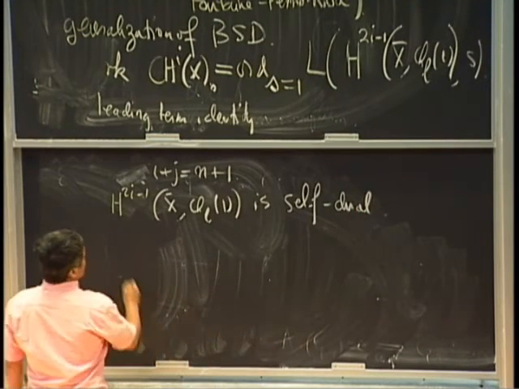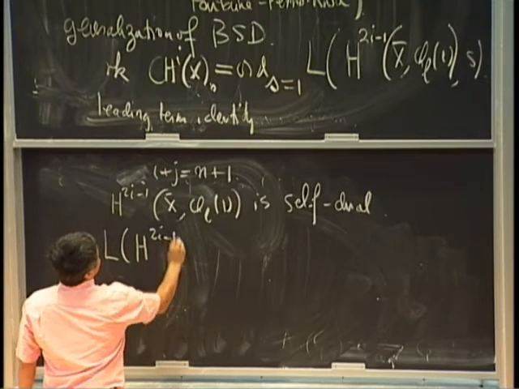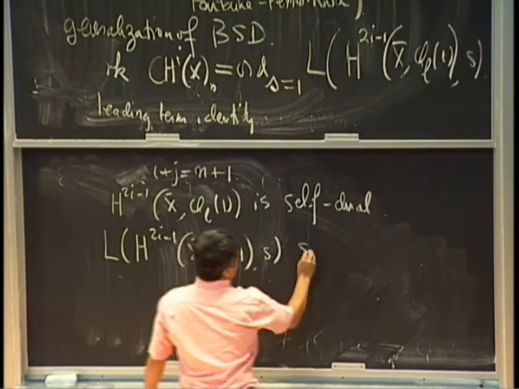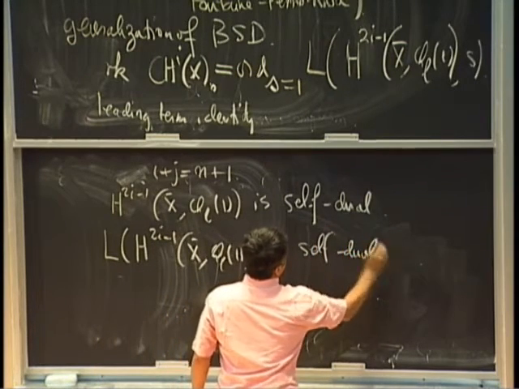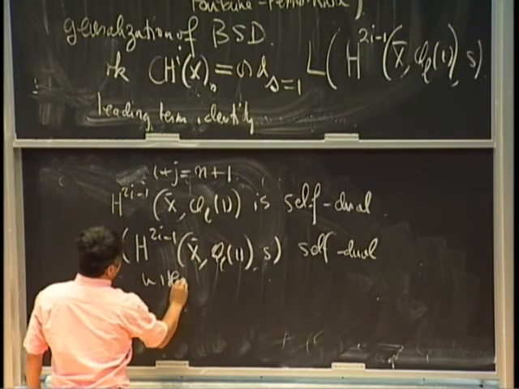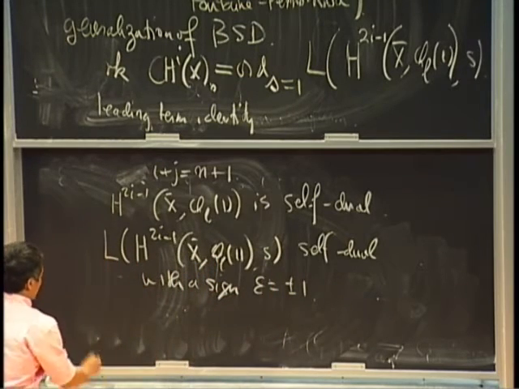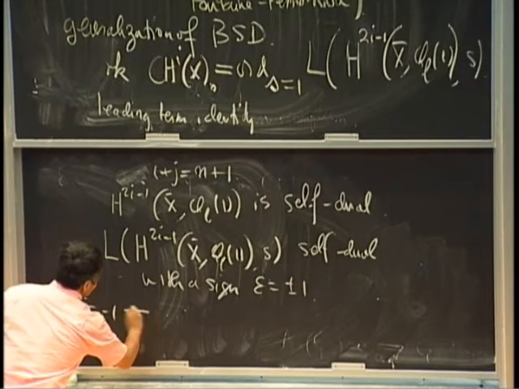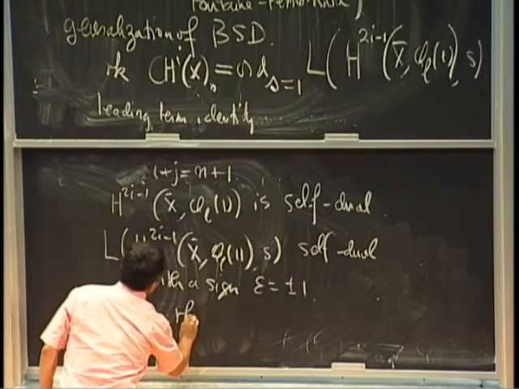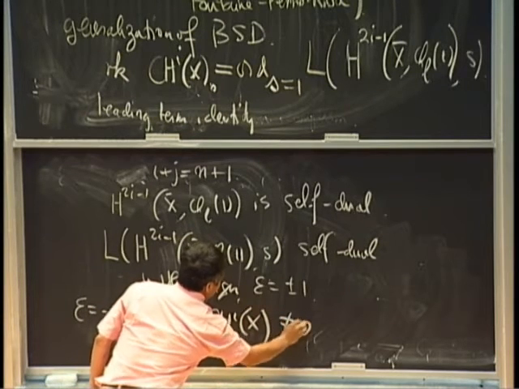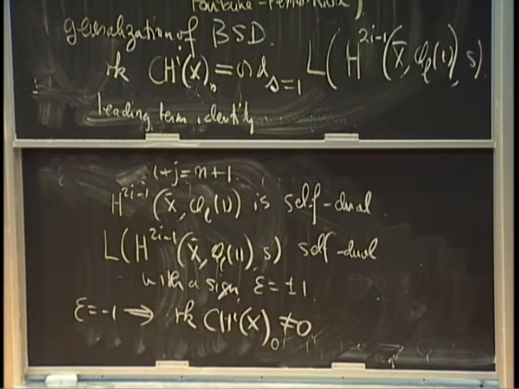This implies that the L-function has a self-dual functional equation with a sign epsilon equals plus or minus 1. If epsilon equals minus 1, this will imply that Chow of X_0 is not 0. So again, we're in a situation where, if the sign is negative 1, can you really construct these cycles?